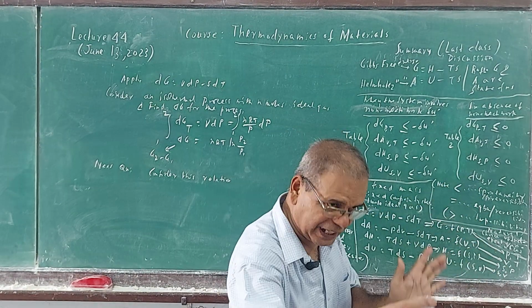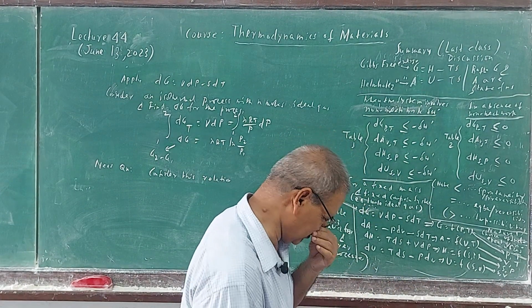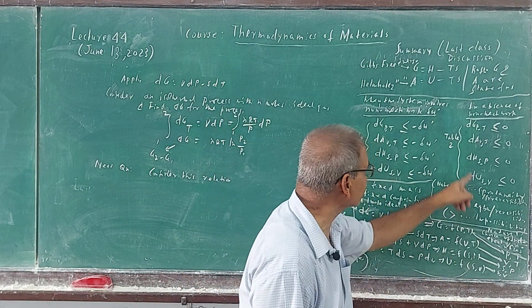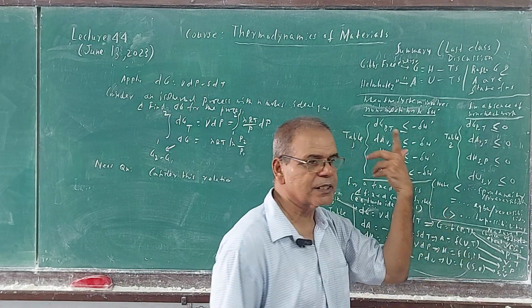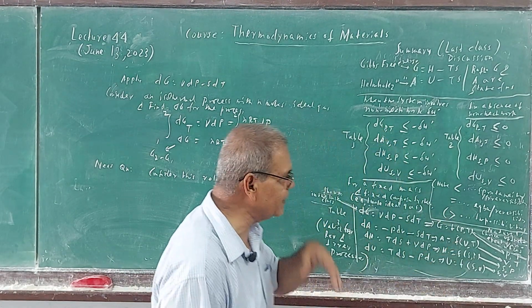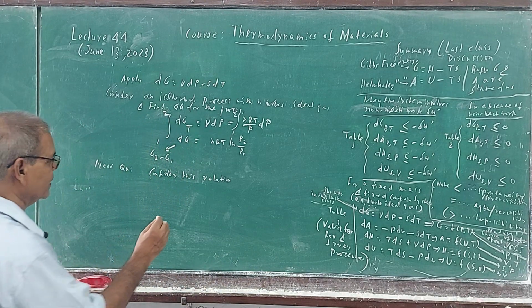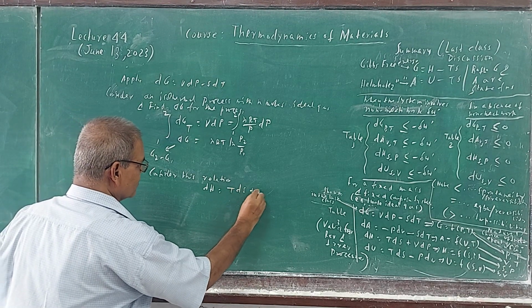Also, I said what is the starting relation, like dS of system. See, matching: SP for dH, HSP, and dU with SV. So it makes sense. Everything is actually in a system. Now consider this relation, which is interesting: dH is TdS plus VdP.